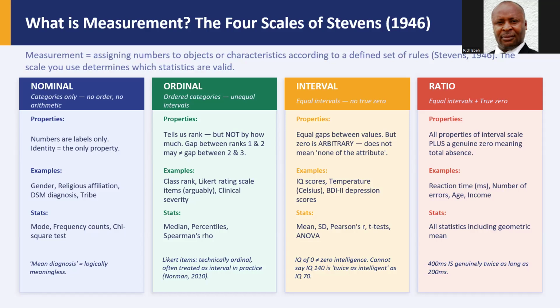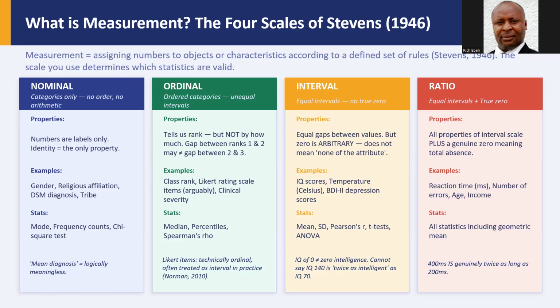But when it gets to the ordinal scale, we have ordered categories. We do know that one value is higher than the other, but we do not know by exactly how much higher.